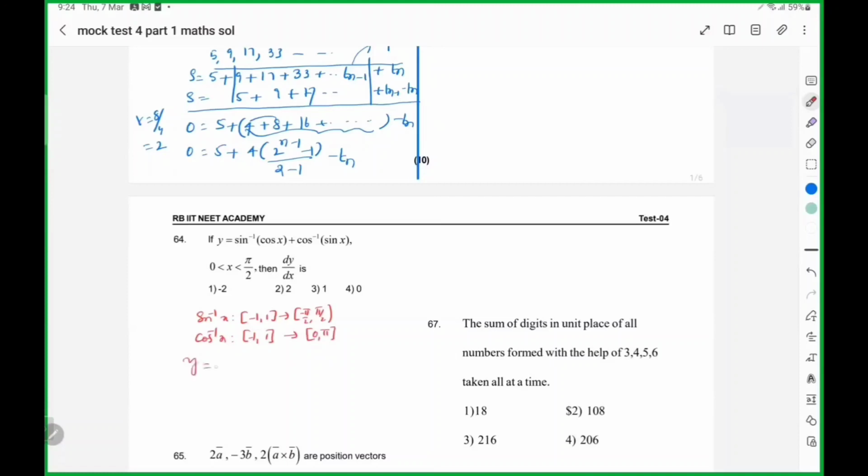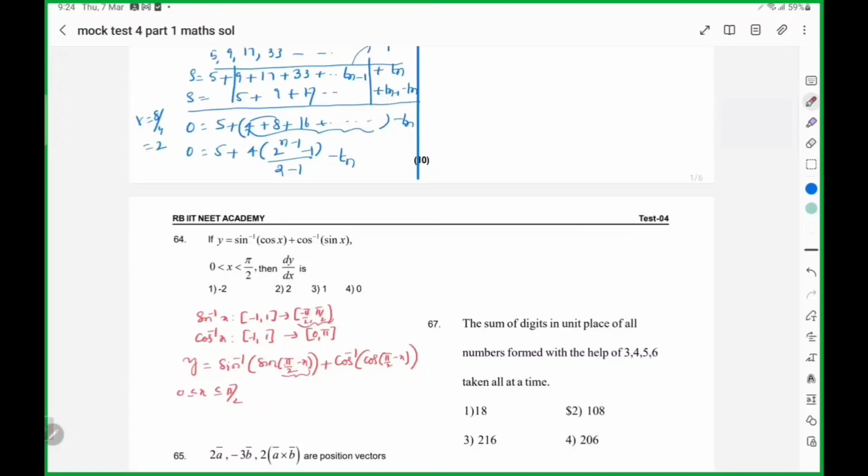So given y, I can write sine inverse sine of pi by 2 minus x plus cos inverse cos of pi by 2 minus x. Now if x lies between 0 and pi by 2, then pi by 2 minus x, for example 90 minus 30, is 60, which is within the bijective limits.